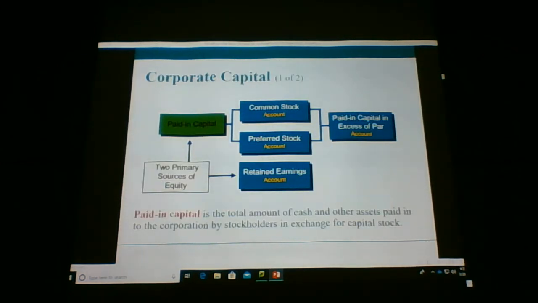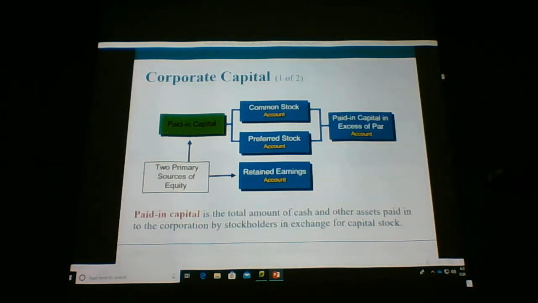All right, a little bit more detail here. When we talk about corporate capital, this is getting into a lot of detail, but what we want to understand is that we have two primary parts of stockholders' equity.